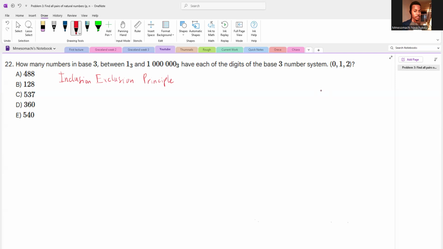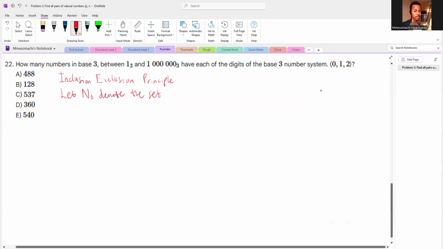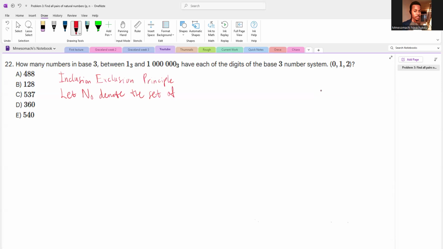So let N0 denote the set of N digit base 3 numbers that have a 0 in them.